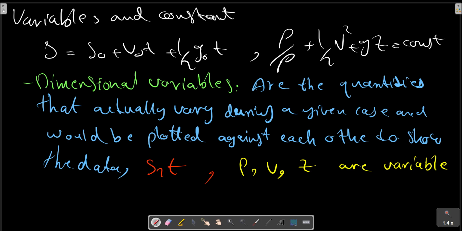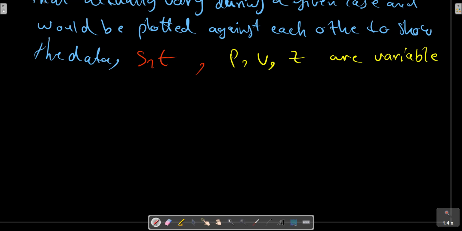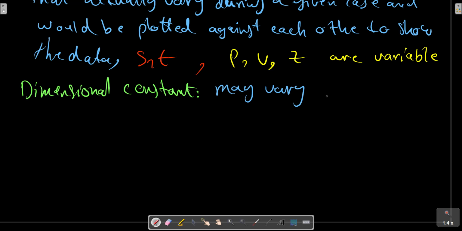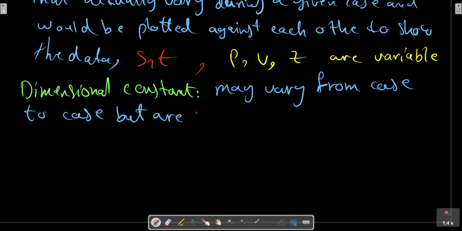Dimensional constants may vary from case to case but are held constant during a given run.